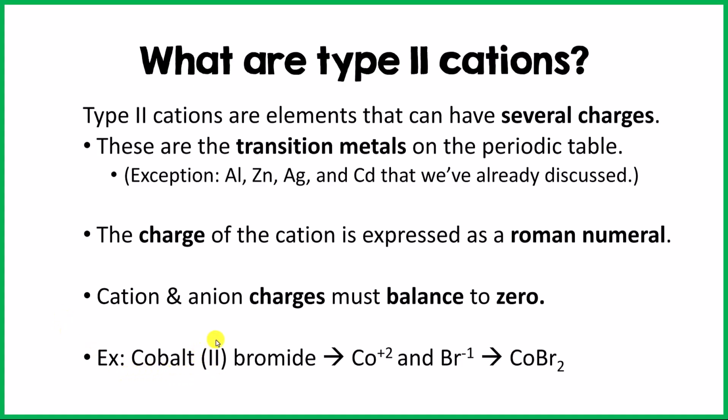Cobalt with a Roman numeral 2 here, bromide, is cobalt with a plus 2 charge, and bromine. So we've got cobalt plus 2 and bromine, which has a minus 1 charge. Those are going to balance out to form cobalt bromide, which is CoBr2.